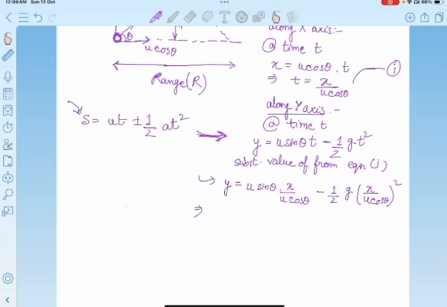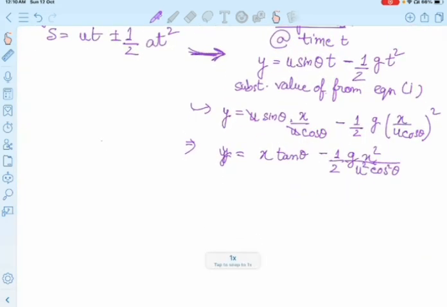We see that u and u get cancelled out. So y is equal to x sine by cos, we know it's tan theta, minus half g x square upon u square cos square theta.